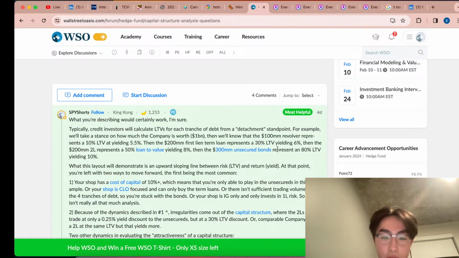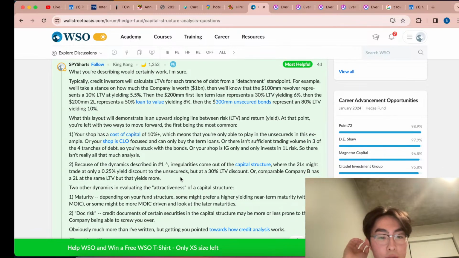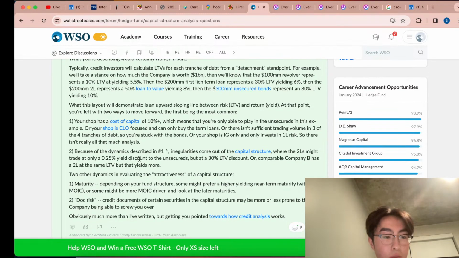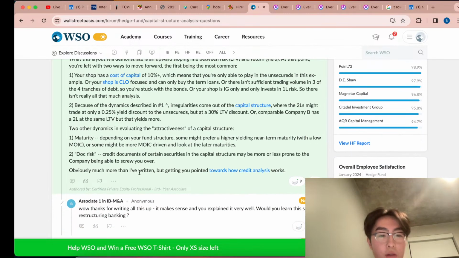What are all these LTV yieldings? Only able to play in the unsecured in this example, where your shop is CLO because of the dynamics described in number 1. Irregularities come out of capital structure.